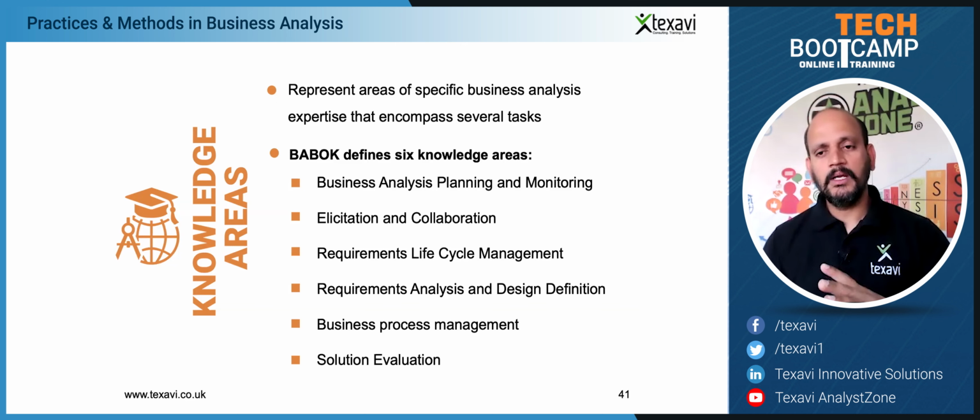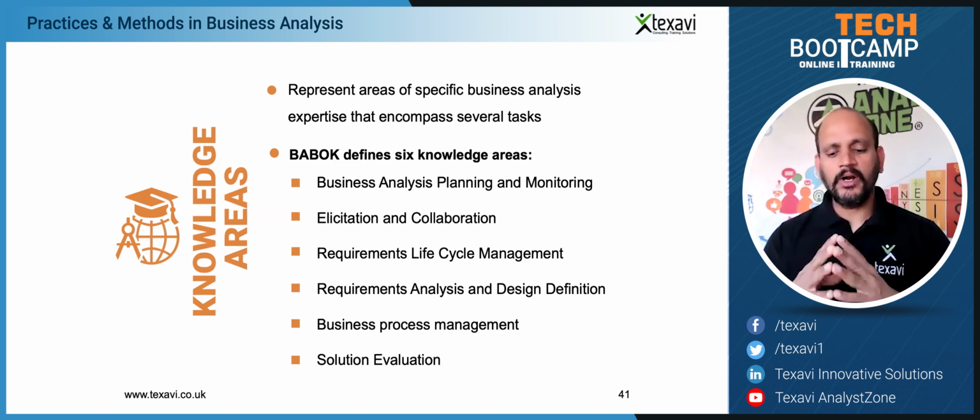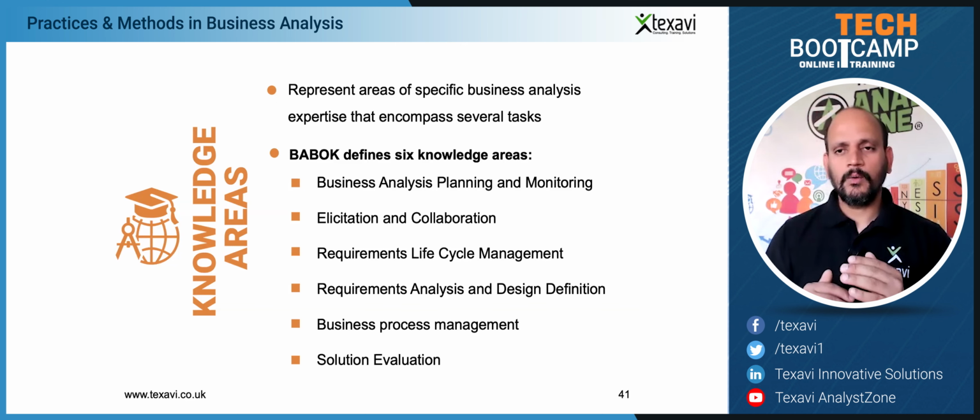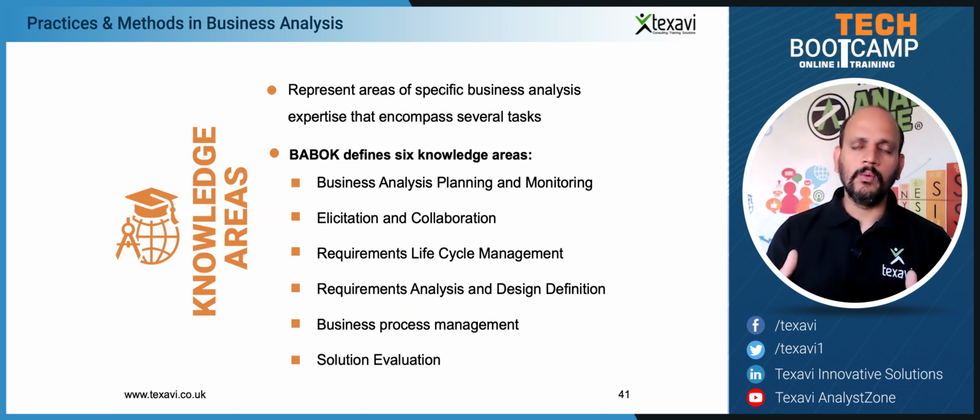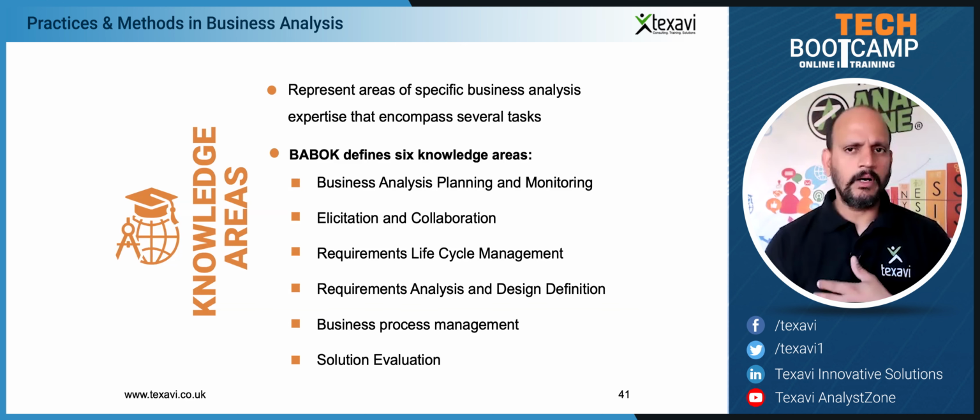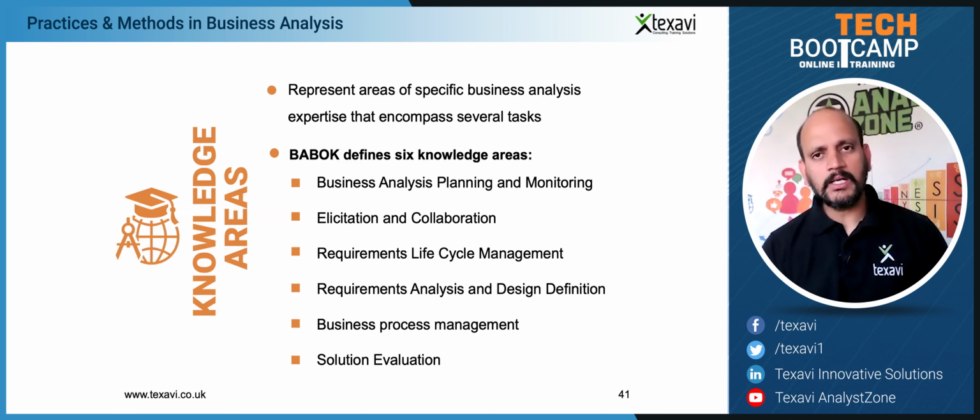So these are the 6 broad areas where we as BAs could potentially work in the context of our life cycle. Whatever task or activity we do, for example creating a wireframe, could go in requirements analysis and design. If you're creating a proposal in the pre-sale stage, that goes in elicitation and collaboration.